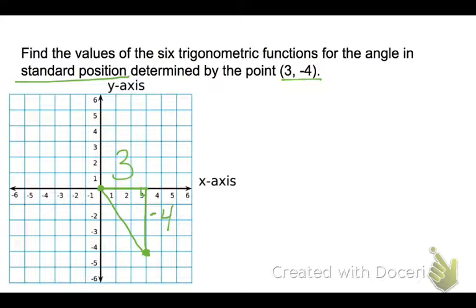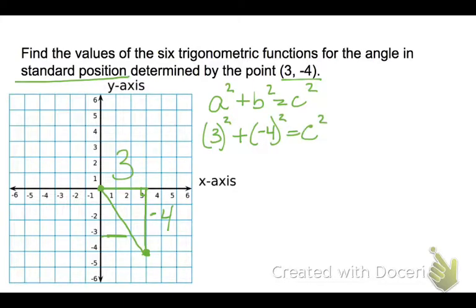The only thing left to do is to find the hypotenuse, that third side. Well, if I have 2 sides of a right triangle, I know how to find the third. I use Pythagorean theorem. A squared plus b squared equals c squared. My a value is 3. My b value is -4.